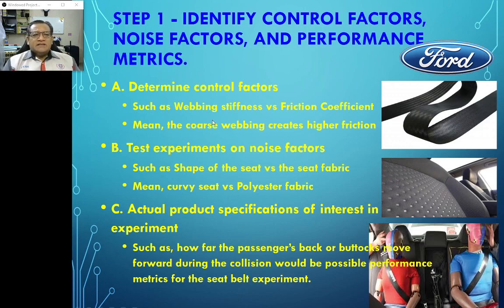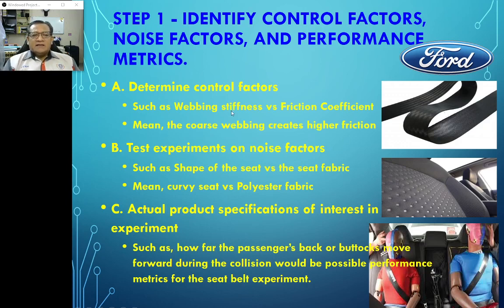So Ford engineers have to decide what the control factor is. What factor to control? For example, the webbing stiffness. If you take a look at the seat belt structure, the surface has a crisscross, or slightly different webbing patterns. This is what they call webbing, and this webbing will determine the stiffness of the belts, right?